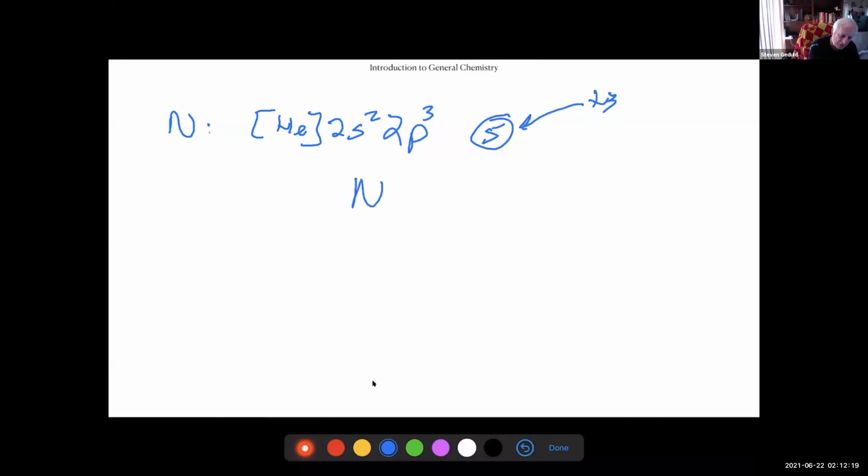So nitrogen is going to have a 3- charge, because it wants to bring in 3 more negative charges to what it has to make 8. Everything wants to make 8. It'll either lose 1, 2, or 3 to go backwards and make 8, or it'll gain 1, 2, or 3 to make 8. And if it's in the carbon column, it's going to stay neutral. So nitrogen, phosphorus, arsenic, antimony, all those are going to gain 3 electrons. So they're going to be 3 negative.